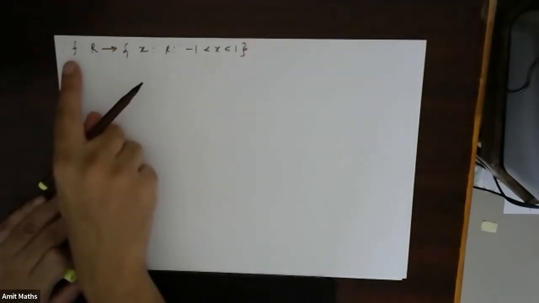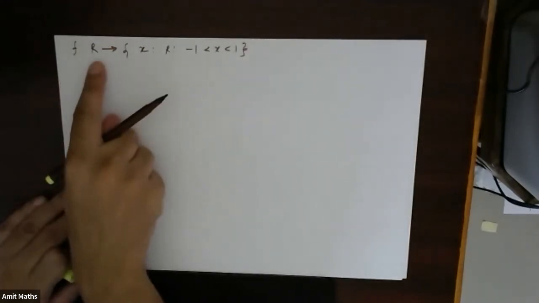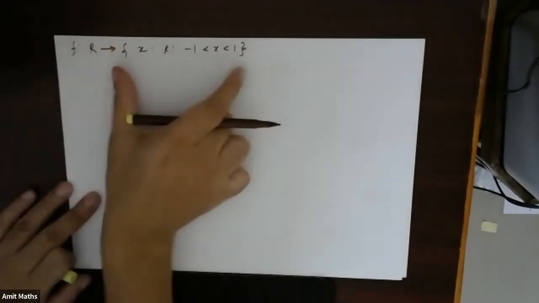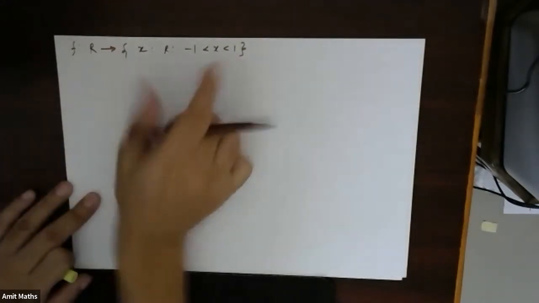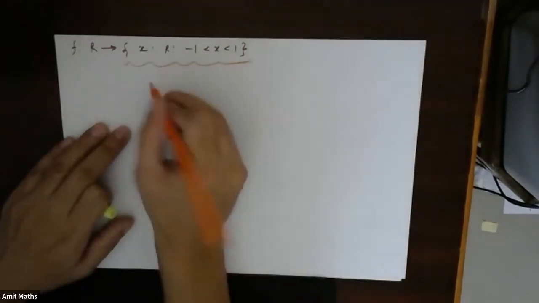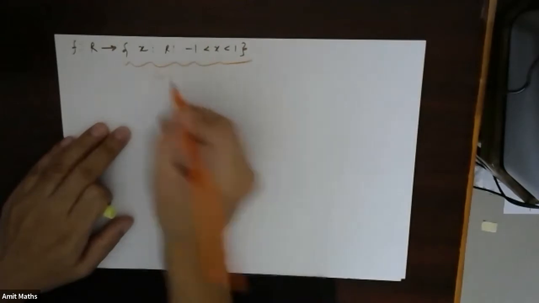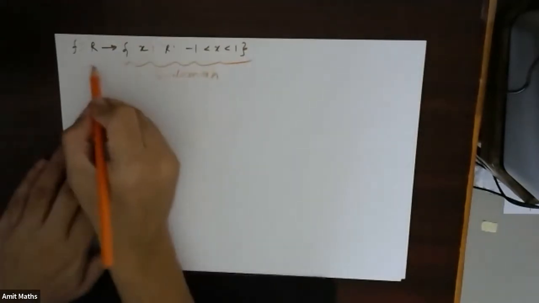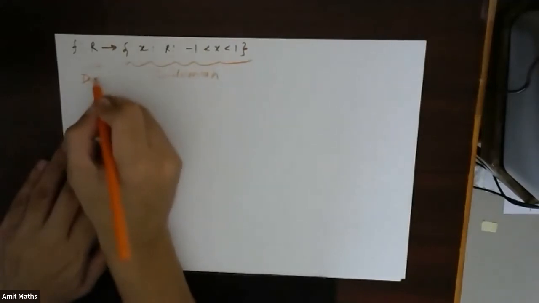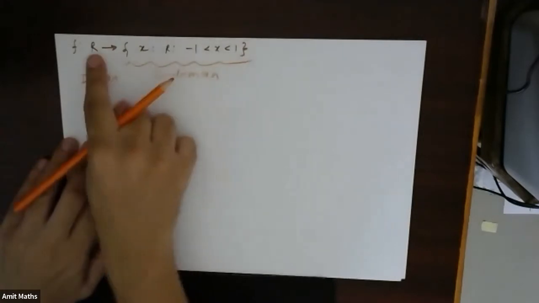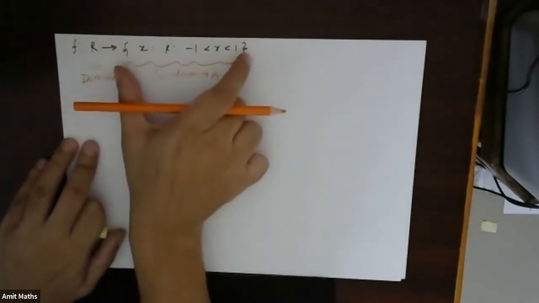So the mapping is given from the real numbers to this set. This set becomes the codomain, and R is the domain.